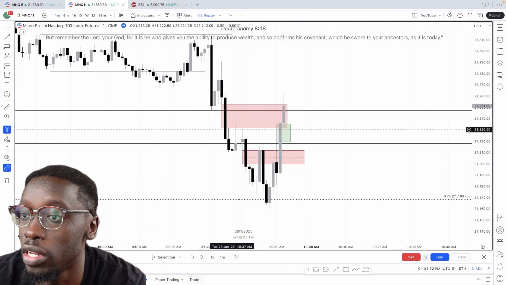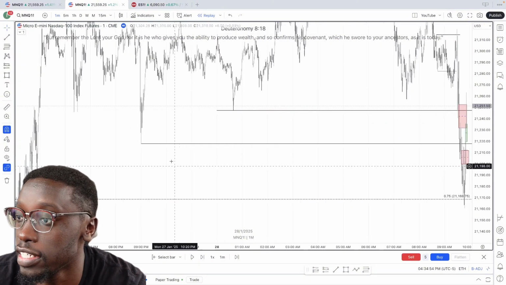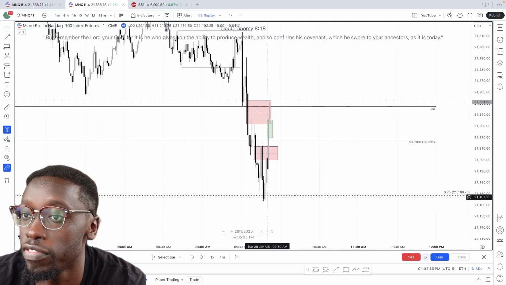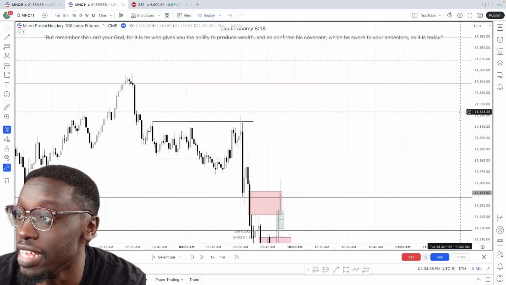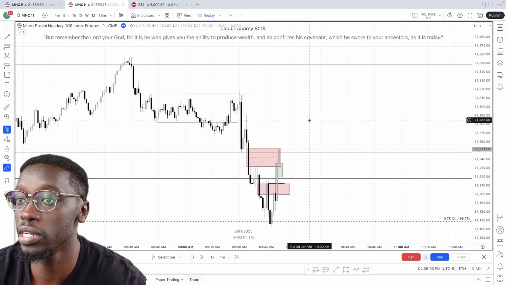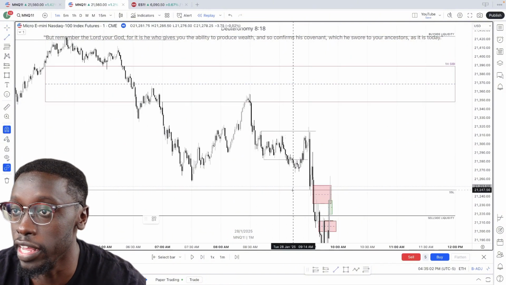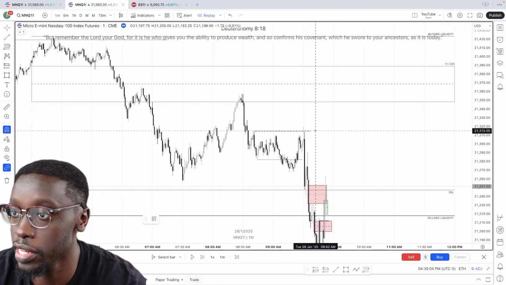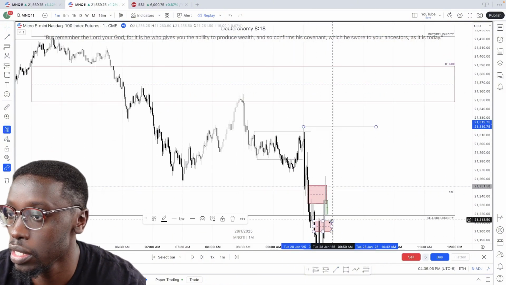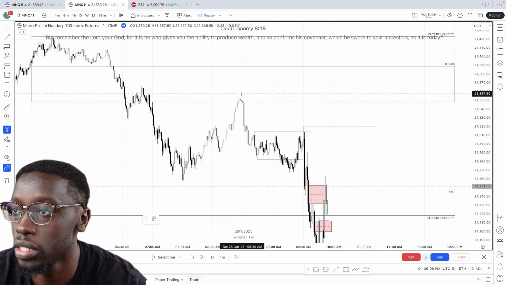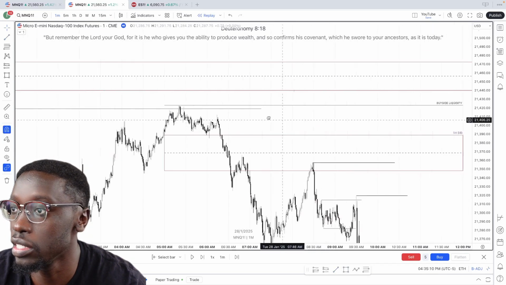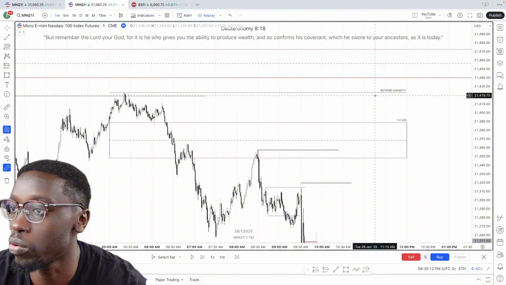We swept the lows from the Asia session last night into a higher time frame discount array. This is a safe long opportunity to target internal and external liquidity here, and even potentially here at our buy side liquidity at 420.